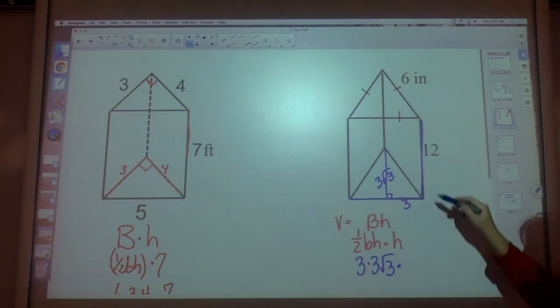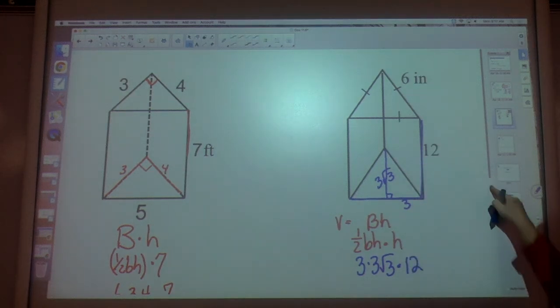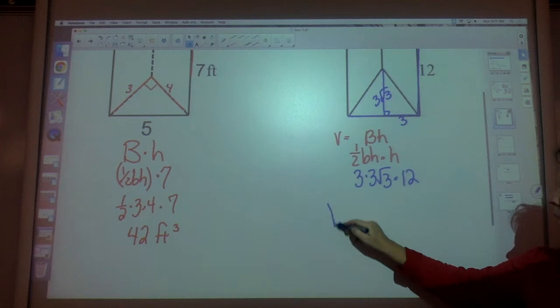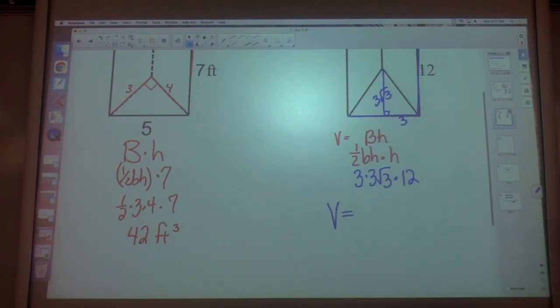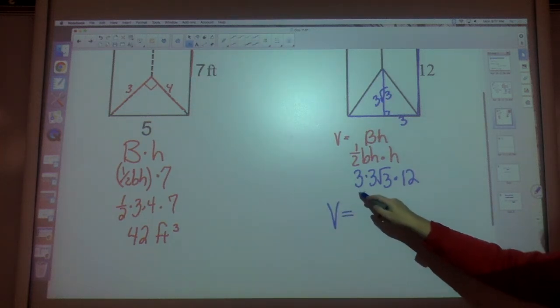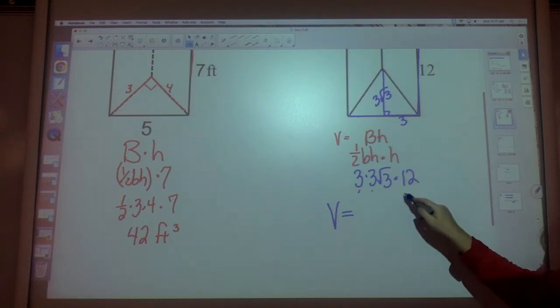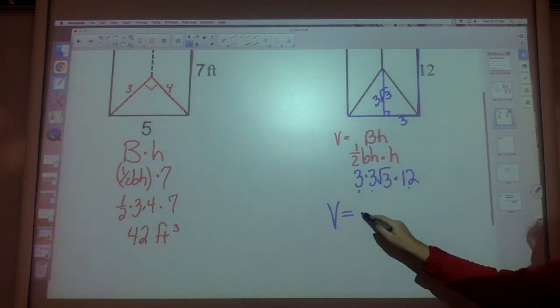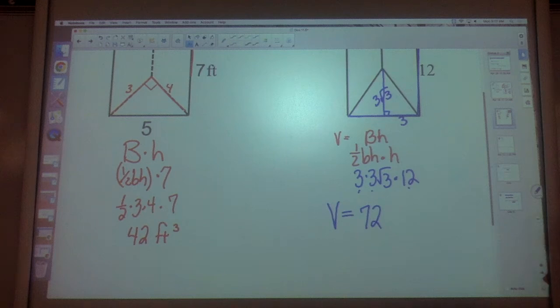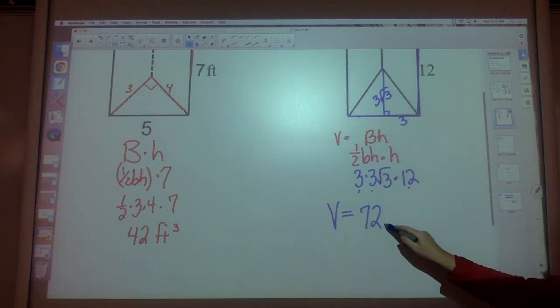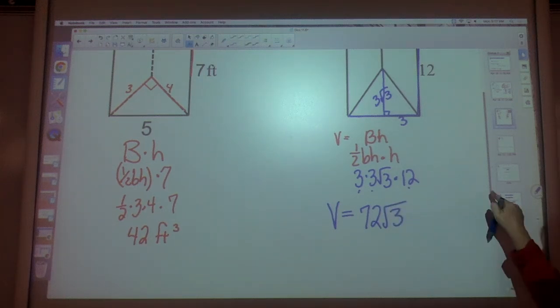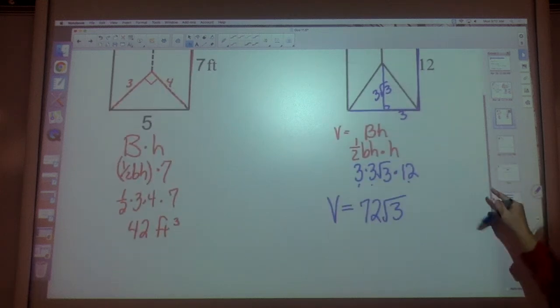And the height of the entire prism is 12. And yes, we're going to go ahead with an exact answer and an approximate answer. 3 times 3 times 12 is 72. 72 square root of 3 cubic inches.